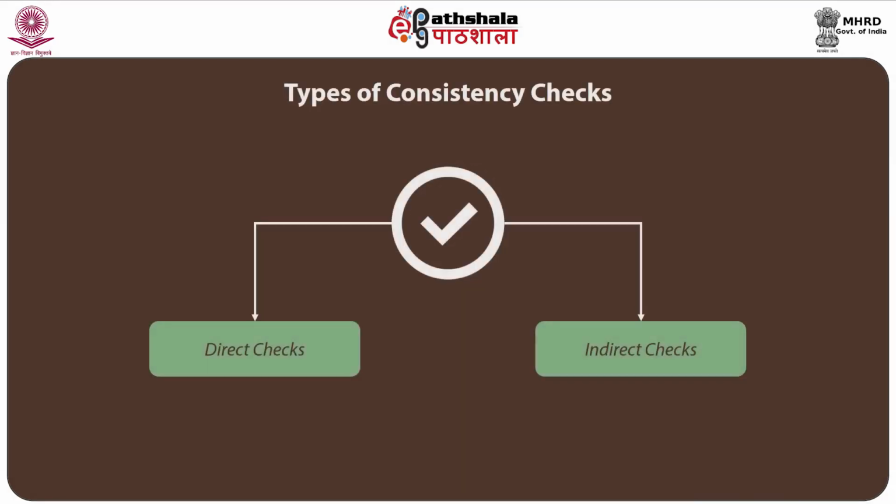Types of consistency checks available give you some understanding of what is the extent of these errors in age and sex information. There are basically two types of consistency checks that are possible for the age-sex data. One is known as direct checks and the second is known as indirect checks.